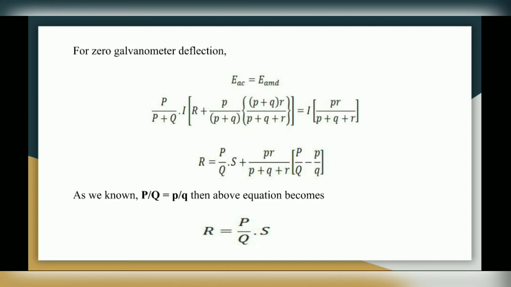As we know, P upon Q is equal to small p upon small q, then the above equation becomes R is equal to P upon Q into S. So by this formula you can calculate the unknown resistance by Kelvin's double bridge method.